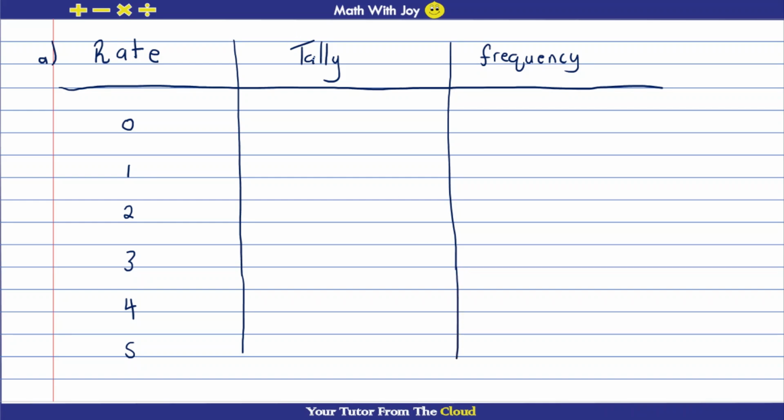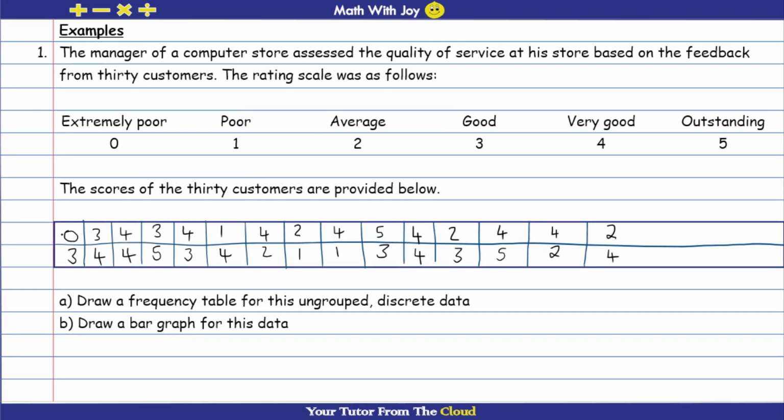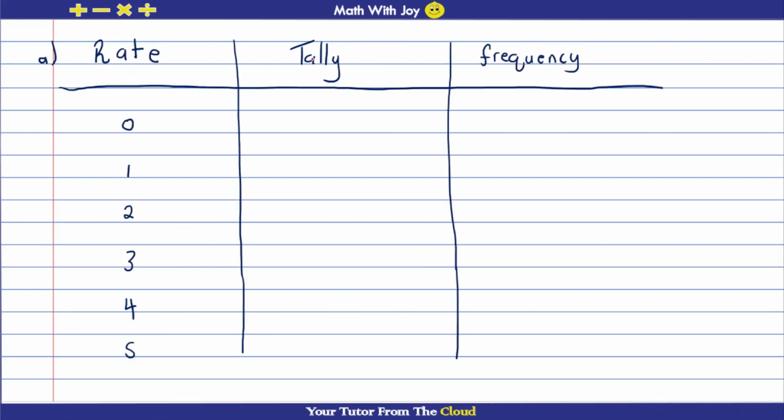And here in the tally, we will be counting every single number that fits in each rate. So you're going to look at your data and say, well, I see a 0 here. Let me use a different color. We're going to scratch that out and come back to our tally and make a vertical line that represents one person who rated the service as 0.